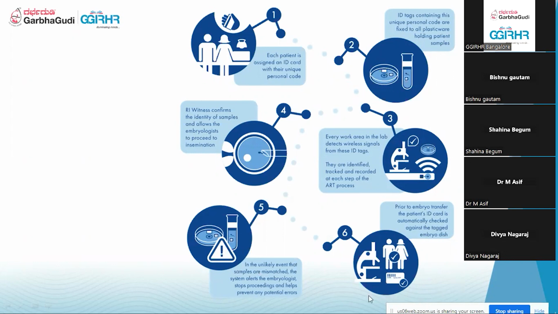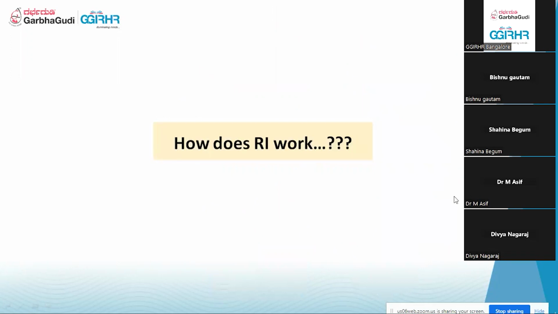Finally, this identity can be used for all purposes, including ICSI or IVF, till the end, for cryopreservation and for transfer also. In summary, this can prevent IVF mixing, embryo mixing.